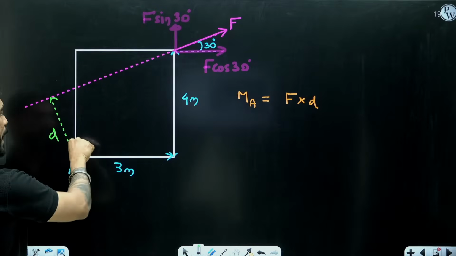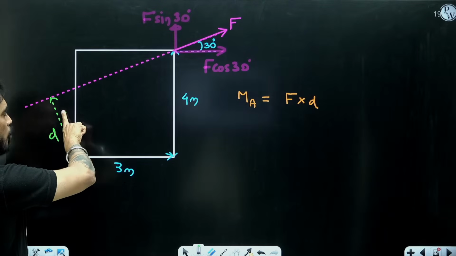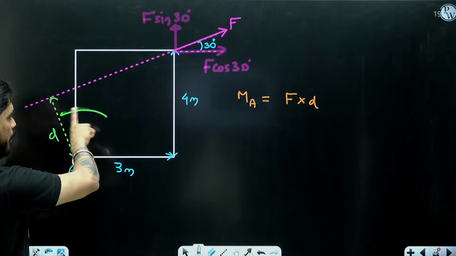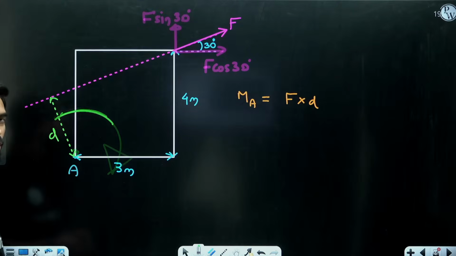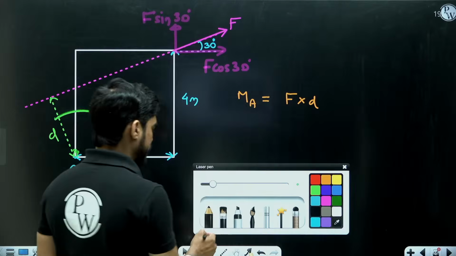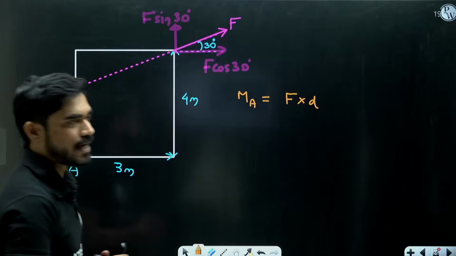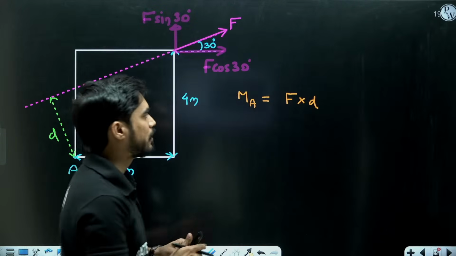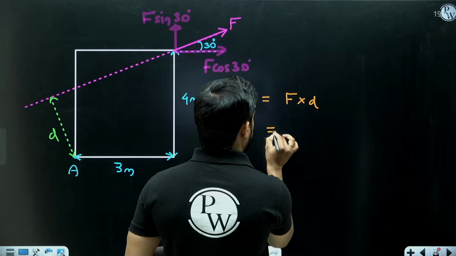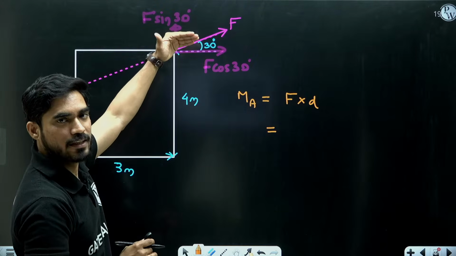Put the thumb at point A and show the finger towards F. Move the finger in the direction of F. So you are getting a clockwise moment, right? So this is clockwise. Now understand this: I am not able to find the moment like this. So I will calculate the moment of the components of this force and add them.